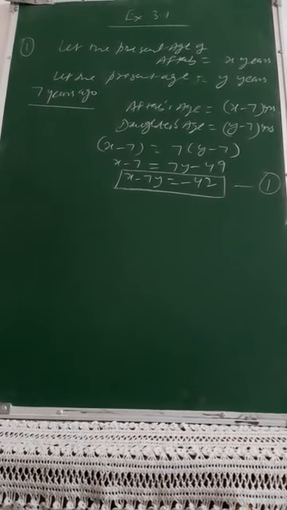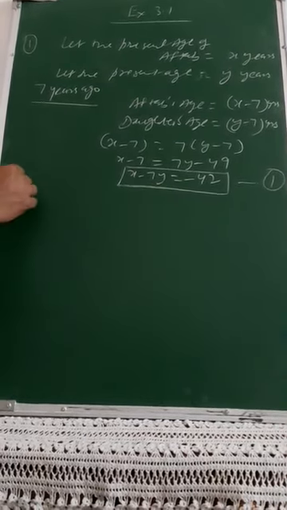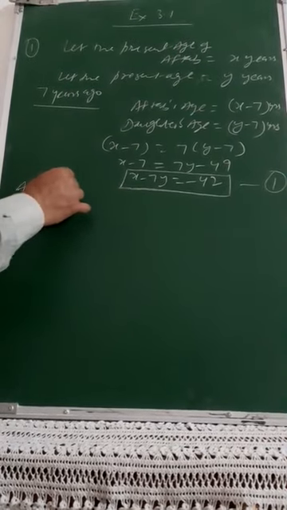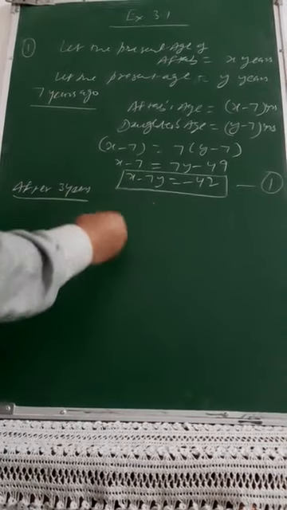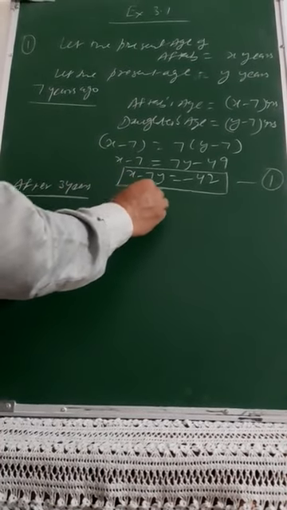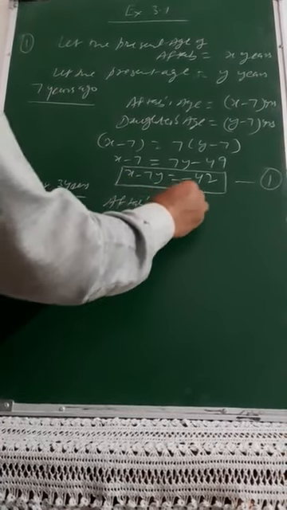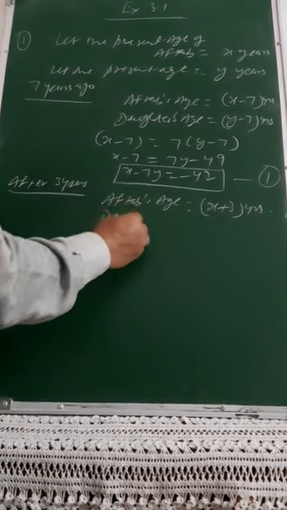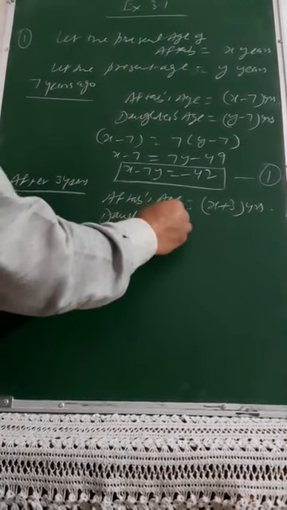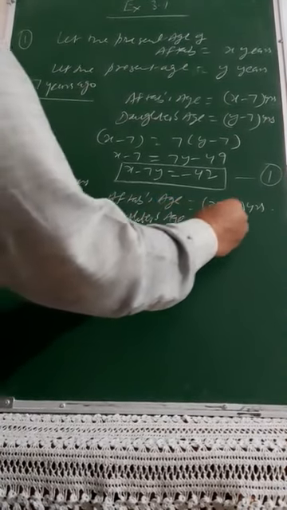As per the condition given in your question. Then second is after 3 years, then you apply the condition for both after 3 years, and you are well known to this procedure, I hope. So Aftab's age now after 3 years will be x plus 3, and daughter's age here will be now y plus 3.